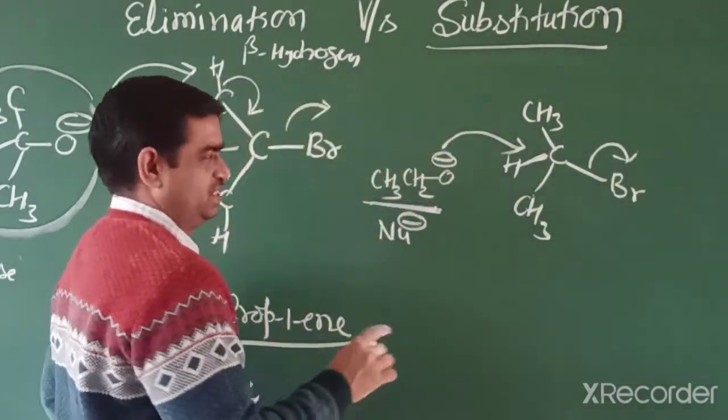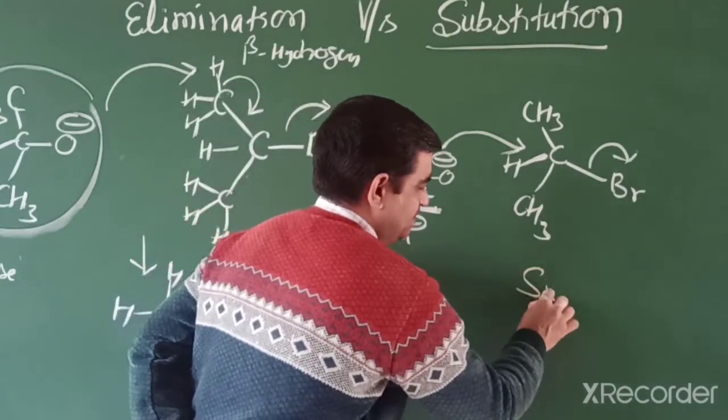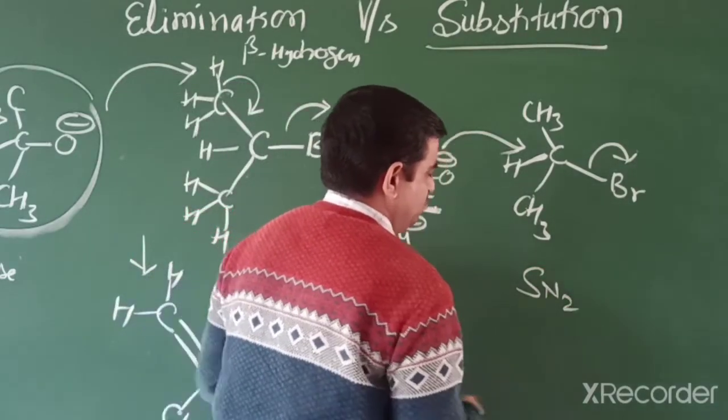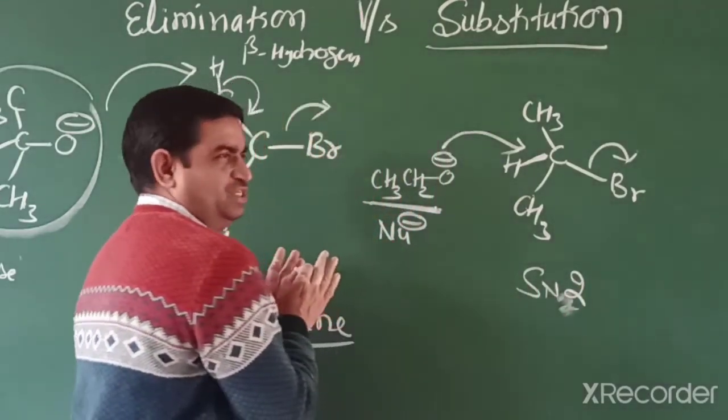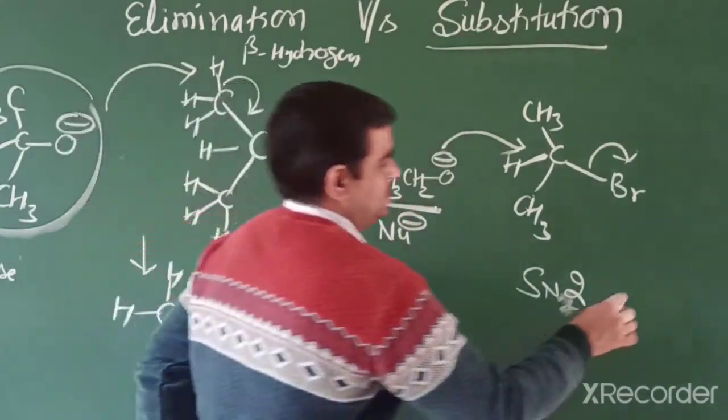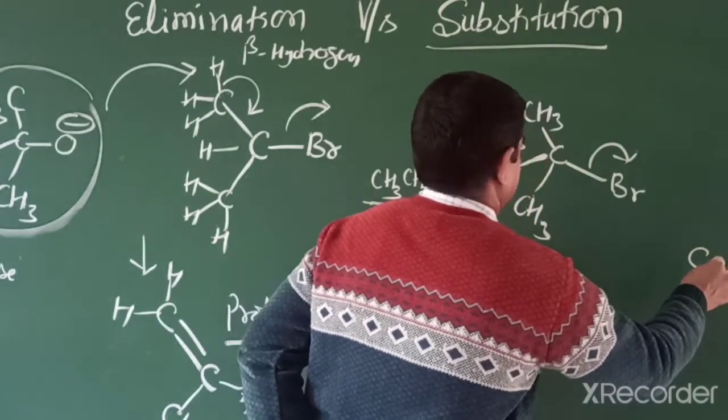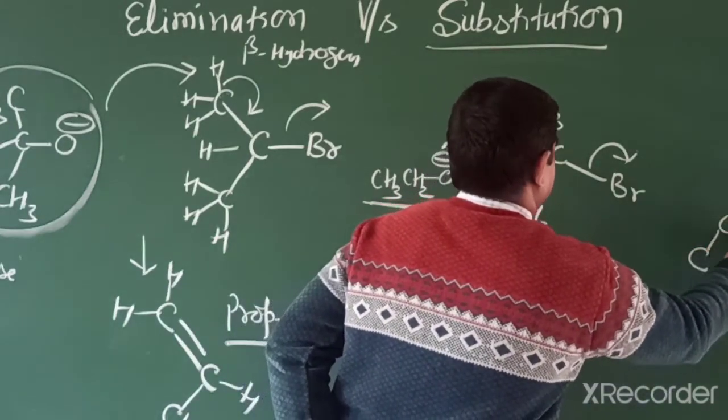So this reaction is substitution by the SN2 mechanism, because it attacks from the backside and we get an inverted product.